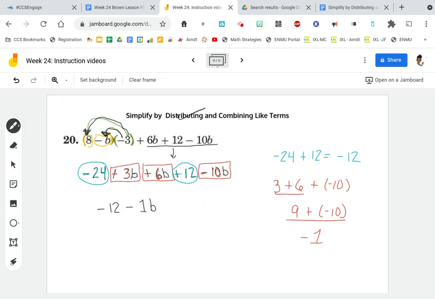However, we would not write that 1 in front. It's understood it's there. So the better way to answer this is negative 12 minus b.